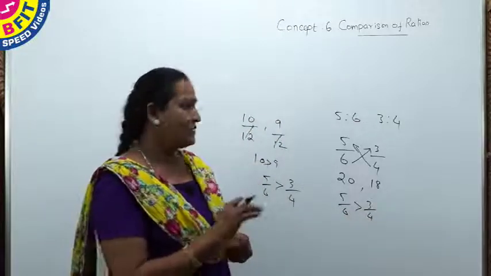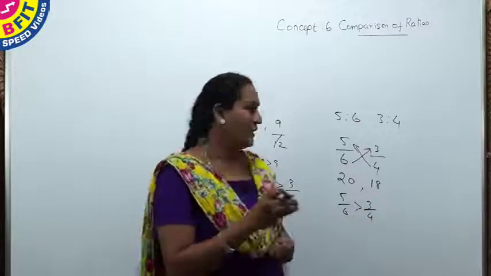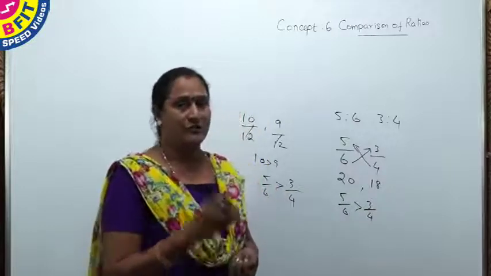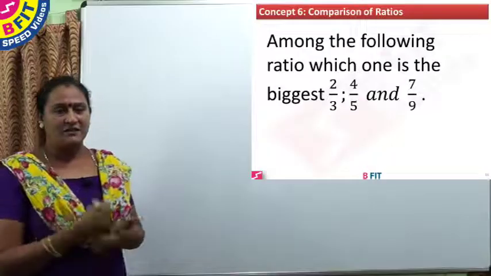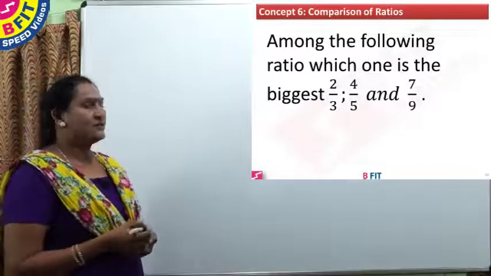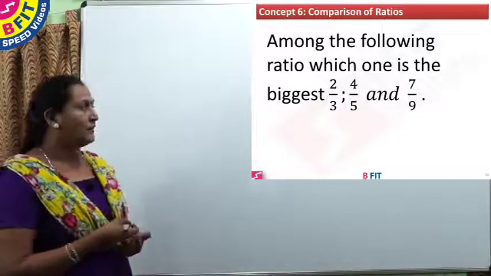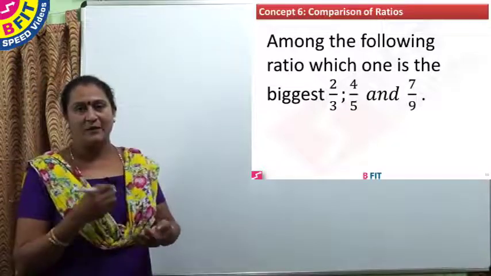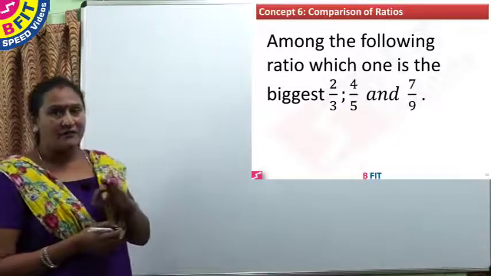So using this pattern, we'll see how to find the highest of more than 2 ratios. So the question here is, among the following ratios, which one is the biggest? 2/3, 4/5 and 7/9. So now we have 3 ratios.